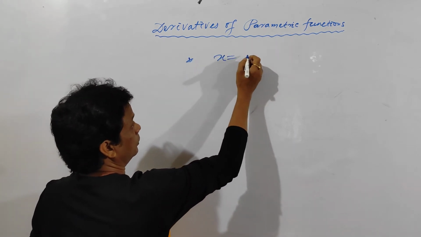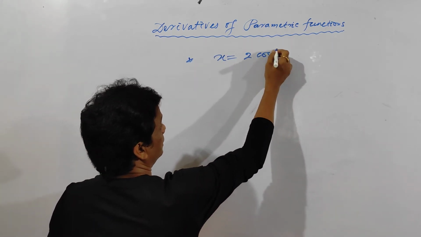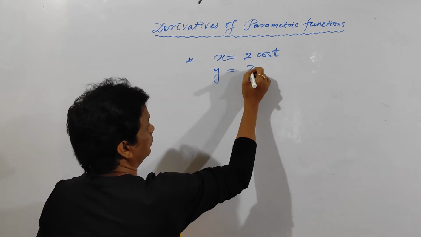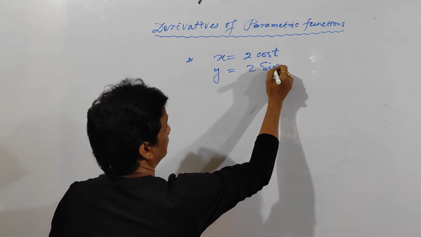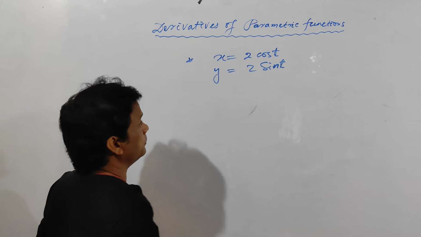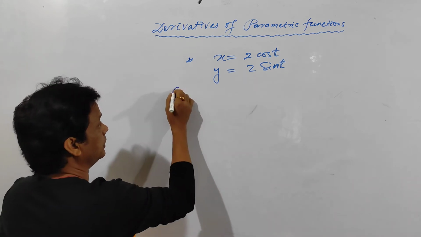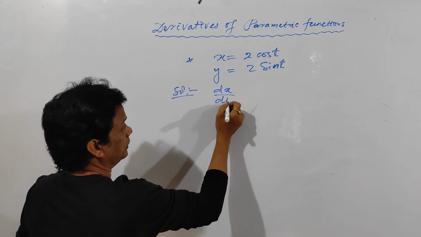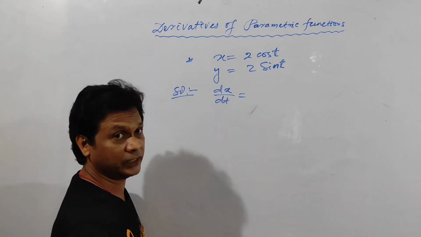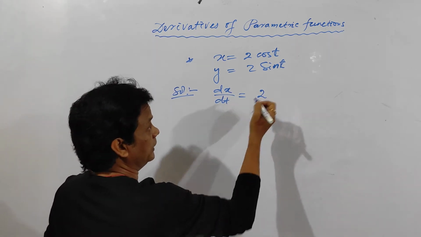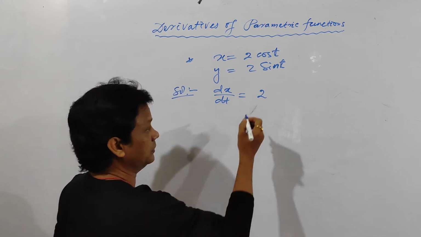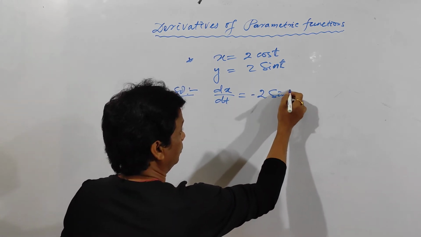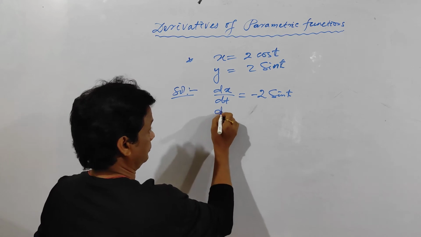If x is equal to 2 cos t and y is equal to 2 sin t, then what is the value of dy by dx? See here. So find dx by dt, and what will be the value of dx by dt? 2 is constant and derivative of cos is minus sin t, into dt by dt, it is 1.